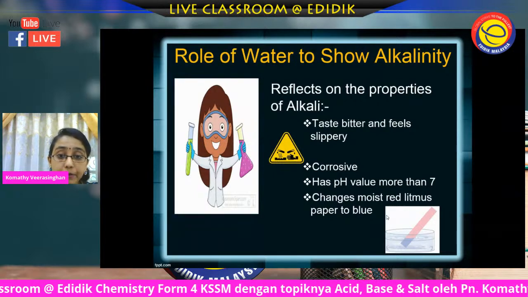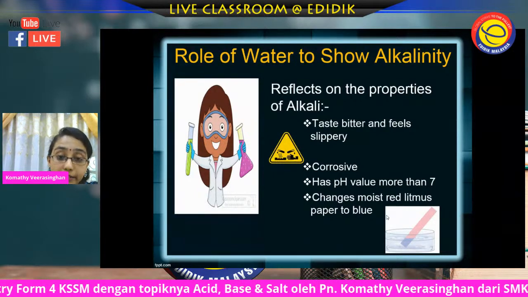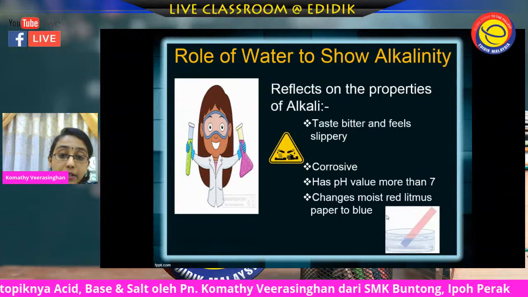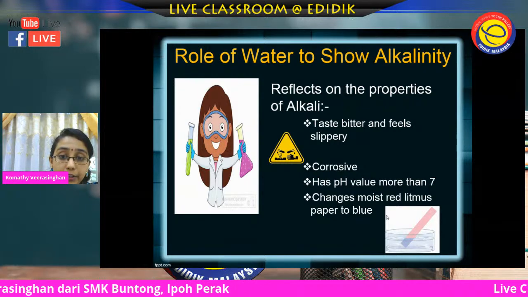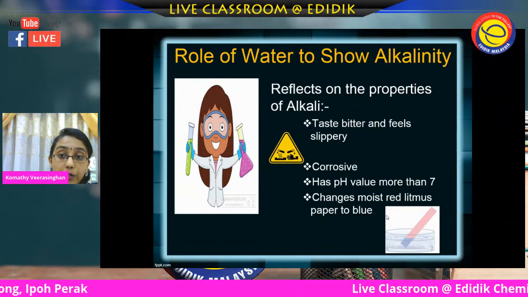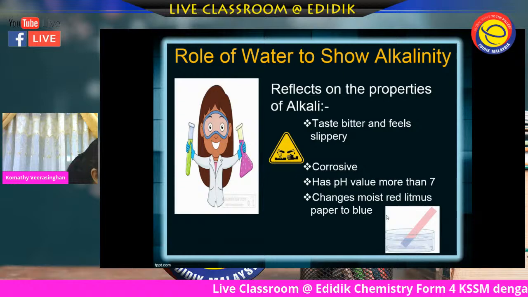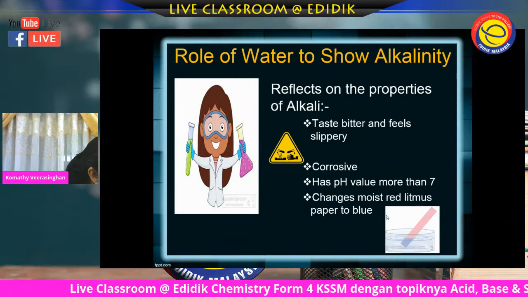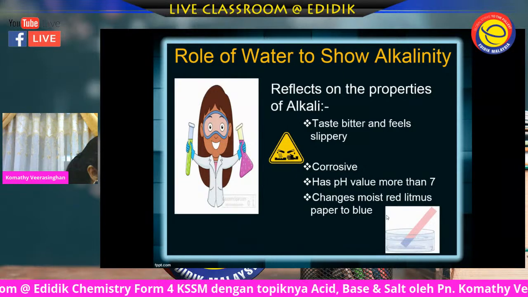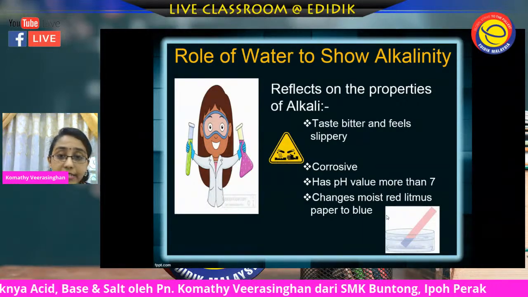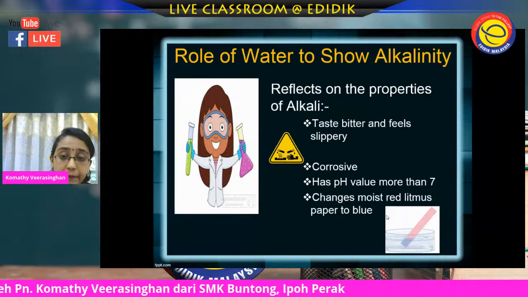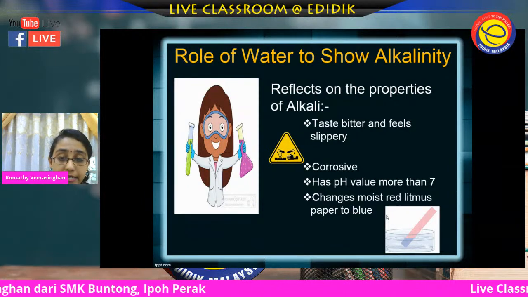So soap is slippery, right? That is one property of alkaline. Secondly, concentrated alkalis are corrosive. The pH value for alkali is more than 7. So just now, Joanne, are you clear now? Just now you told me pH value more than 7 is acid. Actually, it's wrong. pH value more than 7 is alkaline.